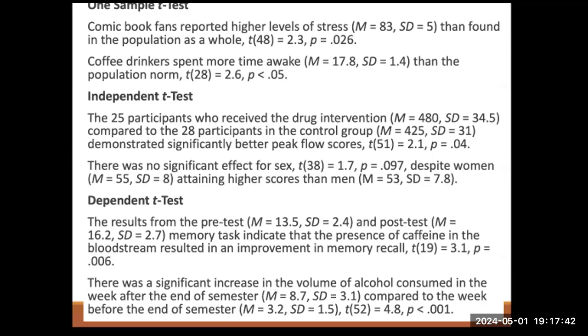So even if it's one sample, independent samples, or dependent samples t-test, the T would indicate it's a t-test, and you just have to determine which kind of t-test it is. I might ask you how many participants or how many observations occurred. So degrees of freedom, remember, is n minus the number of groups, so you would calculate that. And I could ask you if it's significant or not. So those are things I might ask in terms of results.